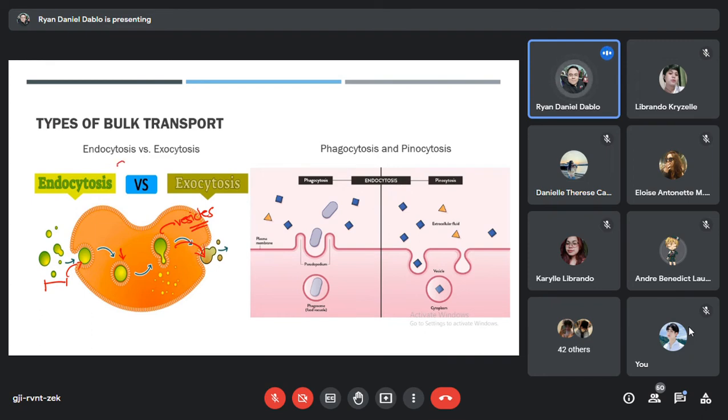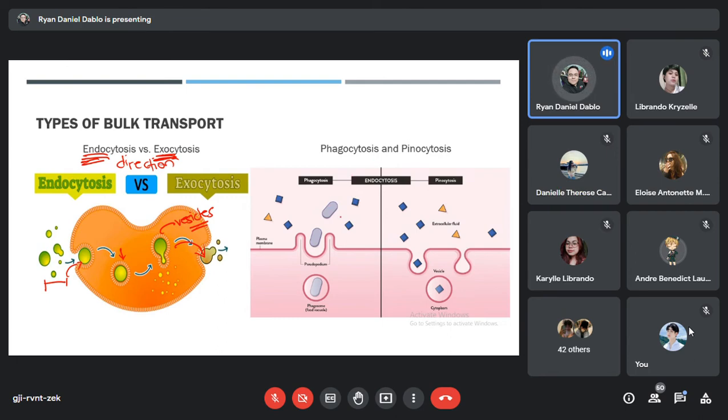Based on the direction of travel, the process is called endocytosis if it is moving into the cell, or exocytosis if it is moving outside the cell. So take note of in and exit. That might help you depending on the state of the substance being taken in or out.